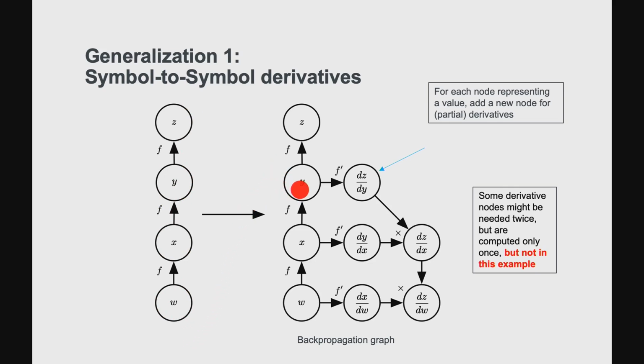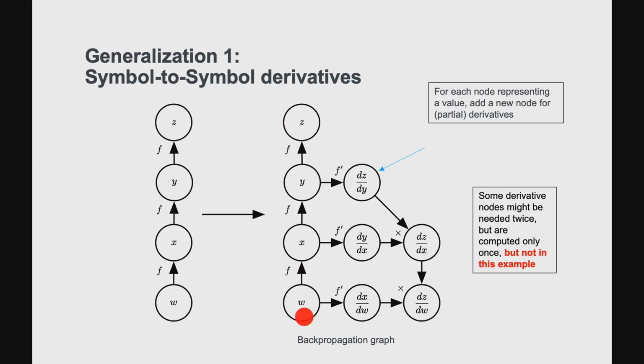What we need at this point is to compute how the value Z changes with regard to Y. And at this point, we want to compute how Z changes with X, and for this we need how Y changes with X. And this depends on the value of X. And here we want to compute how Z changes with W, and for this we need how W changes with X, but we also need how Z changes with X. Yeah, we need this and this in order to compute this.